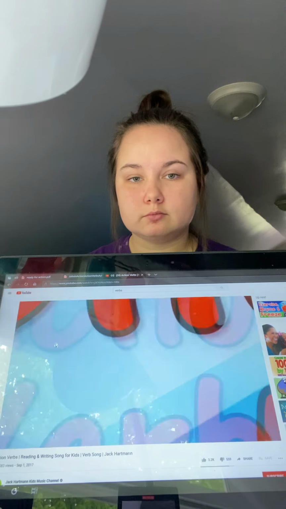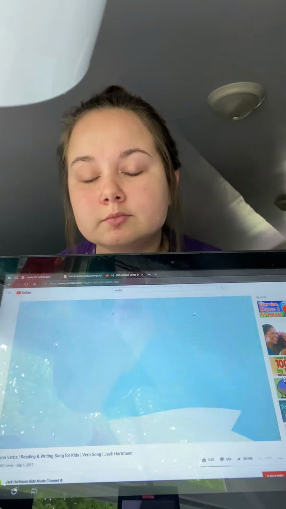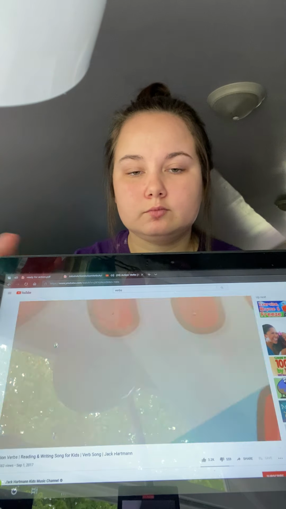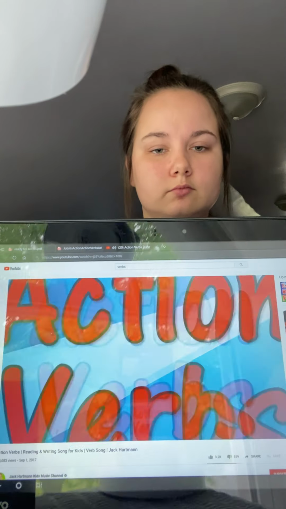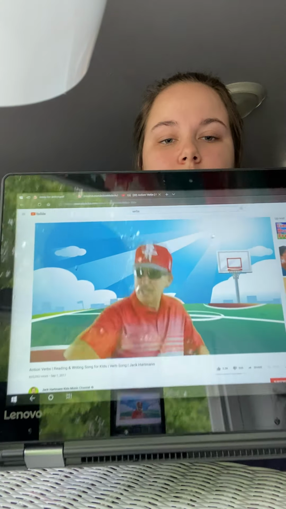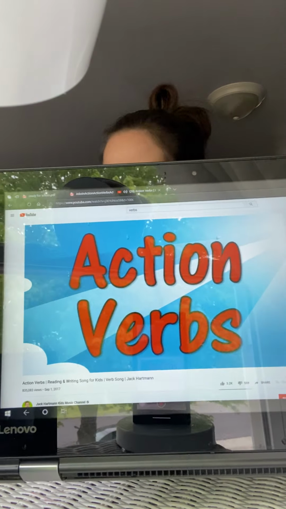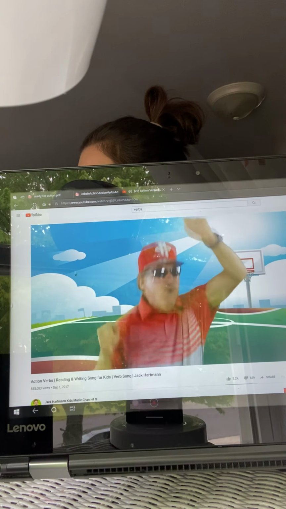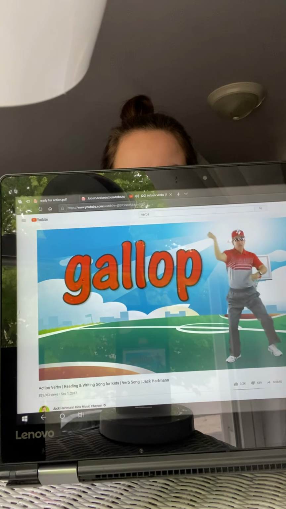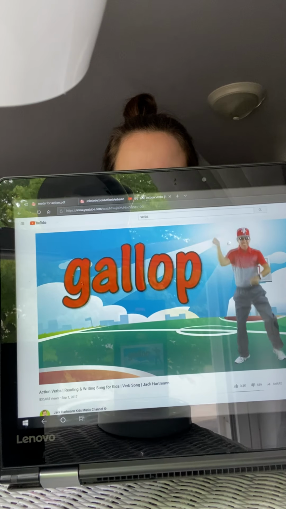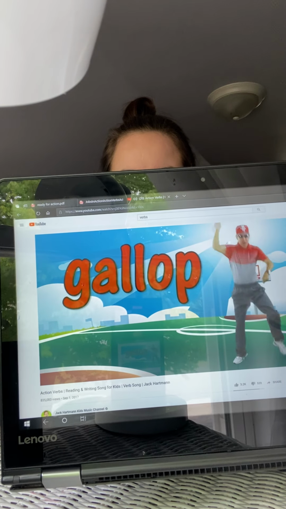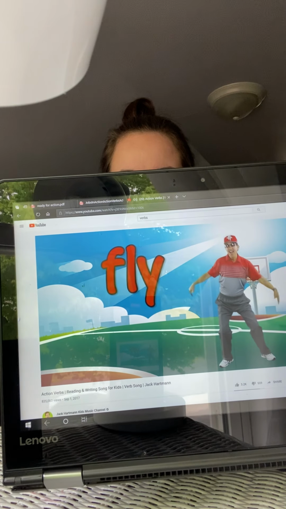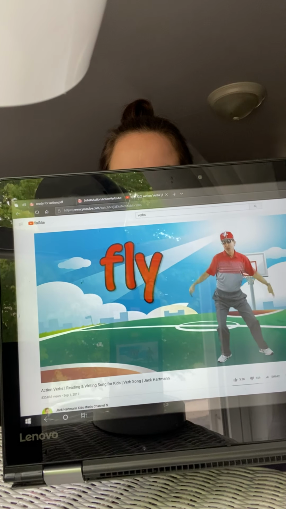Action verbs, you see them when you read. Action verbs, you use them when you write. Action verbs are so cool. Action verbs make me wanna move. Gallop, gallop is the word. Gallop, gallop is an action verb. Fly, fly is the word.